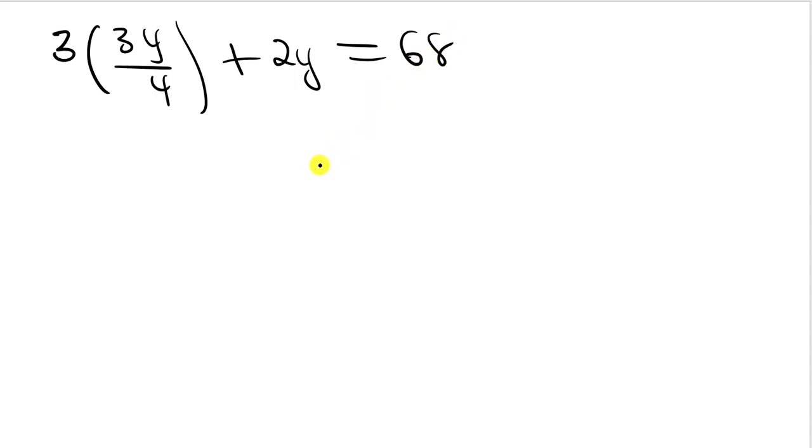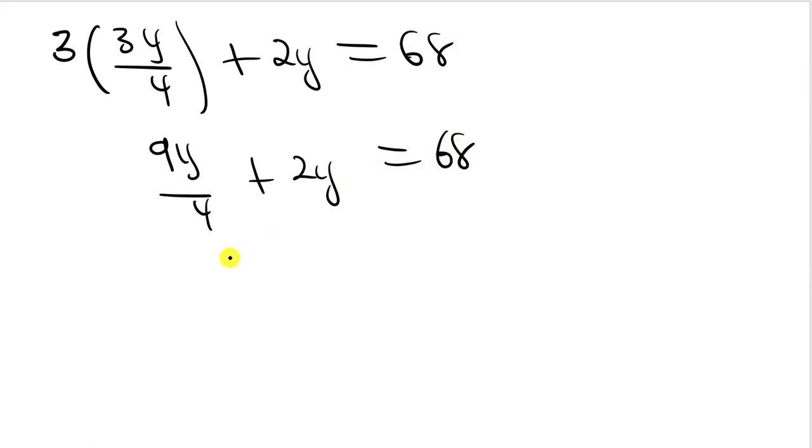Okay, so now let's solve for y. This is going to give us 9y over 4 plus 2y is equal to 68. We multiply through by 4, so we are going to get 9y plus 8y is equal to 272.